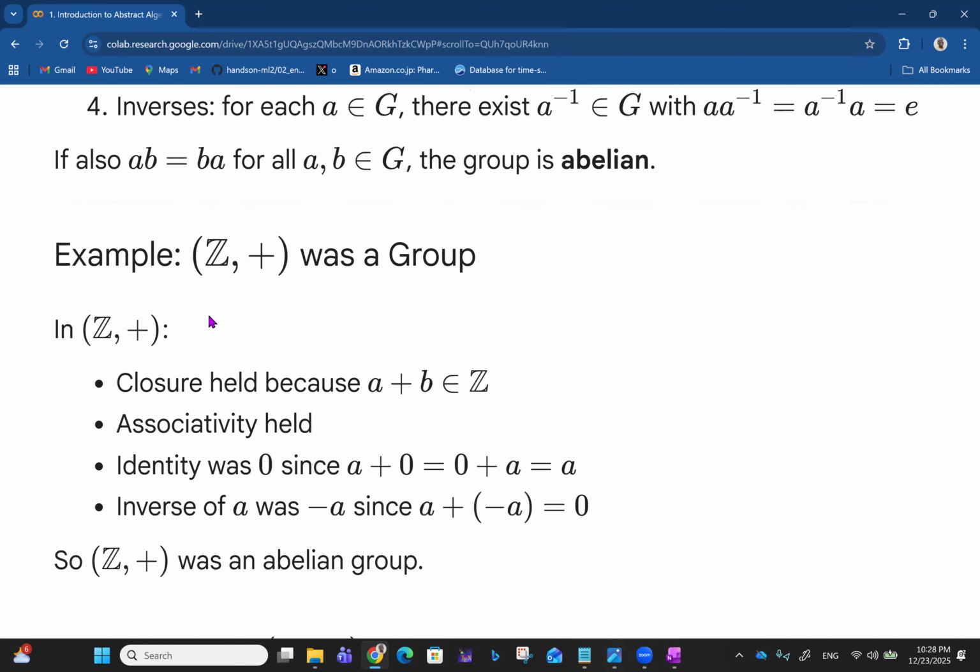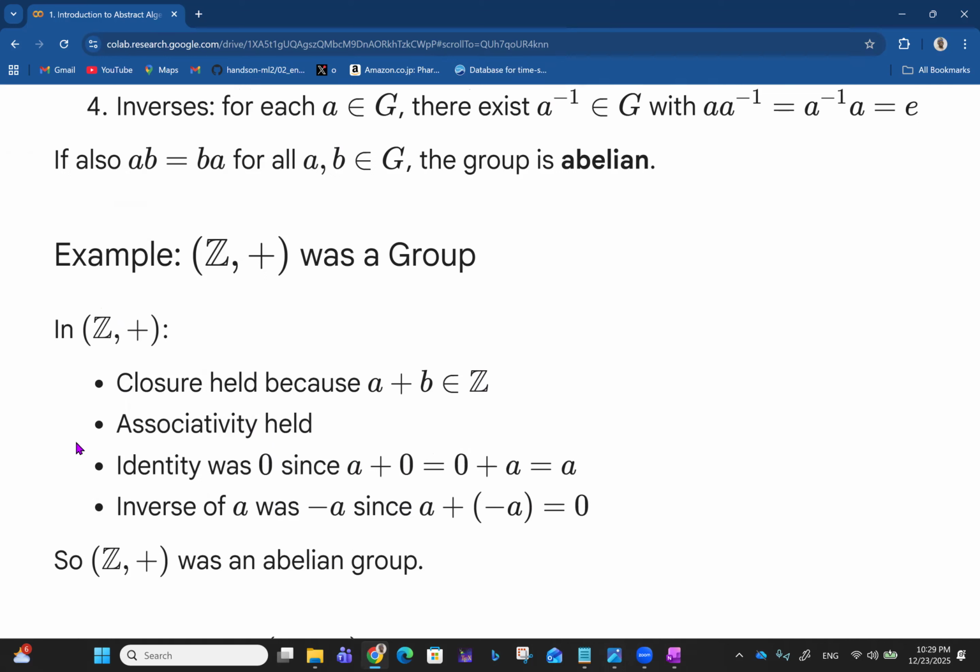So this is a group (Z, +). Now in (Z, +), closure would hold always because A plus B belongs to Z. That is, take any two integers, add them together, the result you get will also be an integer. That's established for sure. So then associativity also holds. Take any three integers and add the first two before you add it to the third one, or keep the first one, add the last two before you now add it to the first one. You get the same result.